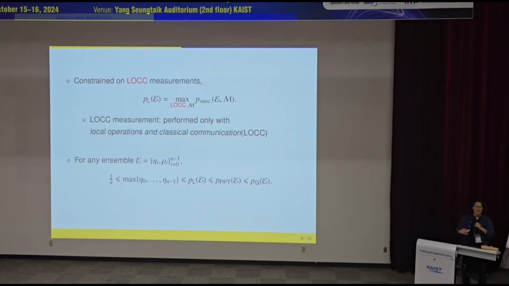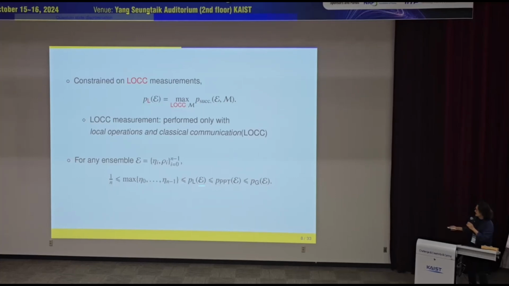Then you can think about a further constraint on the measurement set. If you only think about LOCC measurement, which can be performed only by local operations and classical communications, then the maximum of the average success probability over all possible LOCC measurements will be denoted by P_L. Then we can easily see these trivial inequalities, because every LOCC measurement is known to be a PPT measurement, and every PPT measurement is a special case of general measurement.